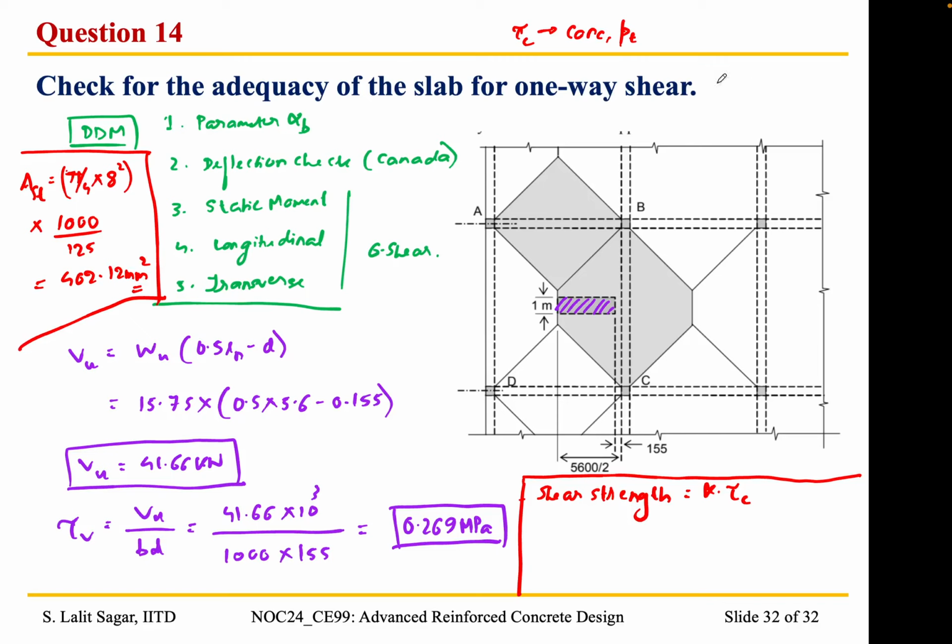Now PT is equal to 100 into AST by BD, which gives us a value of PT equal to 0.26.